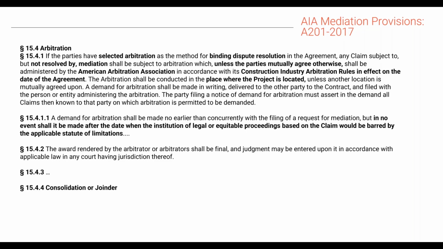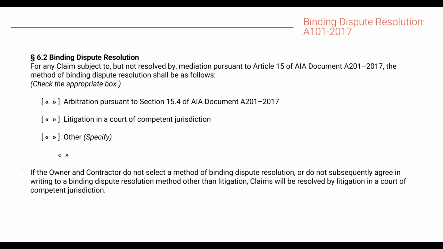And then finally, how do you get to arbitration? Well, as I mentioned several times now, there's a checkbox in most AIA documents, and you can see it here. The parties can select arbitration, they can select litigation, they can specify something else. What else is there? Well, there are different machinations of ADR.